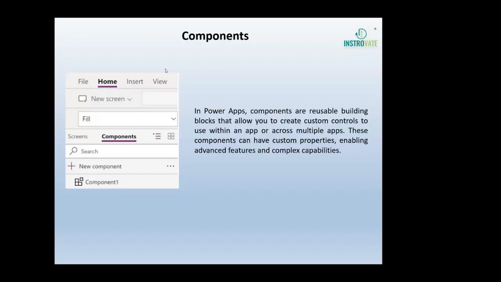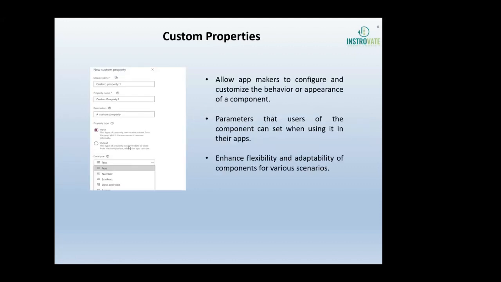Now we will see the components. On the left hand side, when you open the canvas app designer, you see this screen option and this components option. When you click on components, basically what you can do in Power Apps is that components are reusable building blocks, and they allow you to create custom controls to use within an app or across multiple apps. These components can have custom properties, enabling advanced features and complex capabilities.